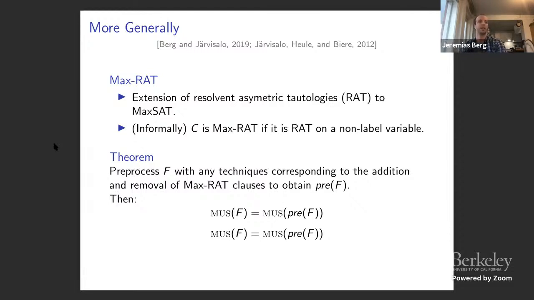So this is a very general way of showing that most techniques that you lift from SAT solving won't affect your MUSs, and again, won't affect the best case number of iterations that are required by SAT solvers either.